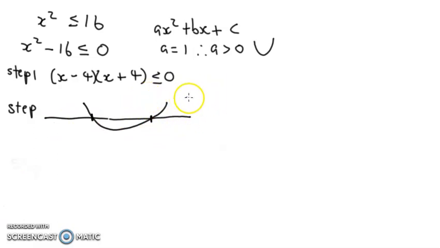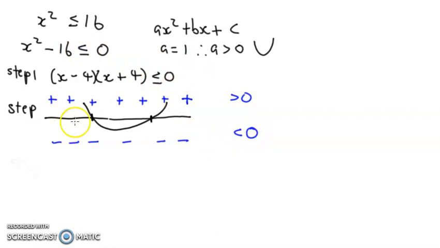And by the way, remember, the top part of this diagram is the positive side. It's the side where the graph or the expression will be greater than 0. And the bottom part, this one, is the part of the graph where the expression will be less than 0.